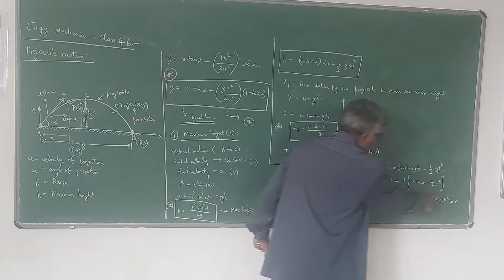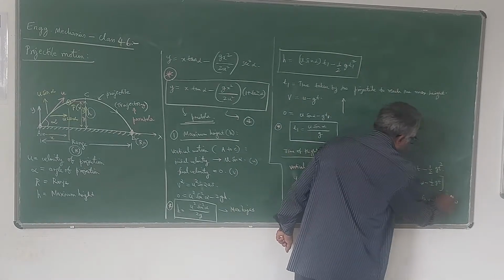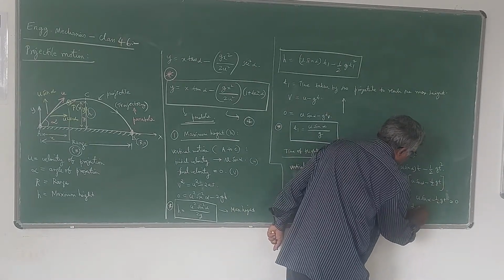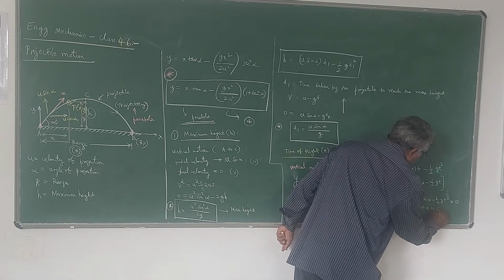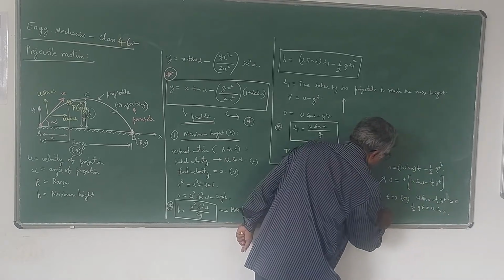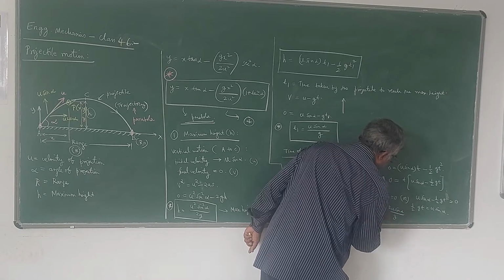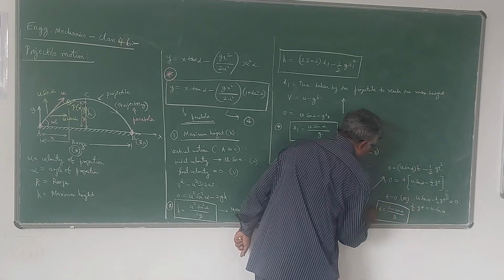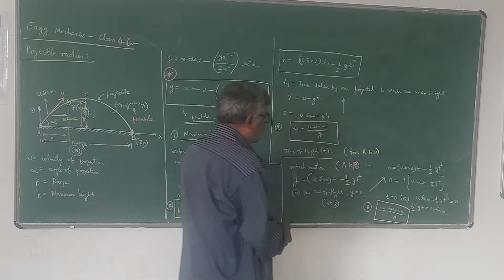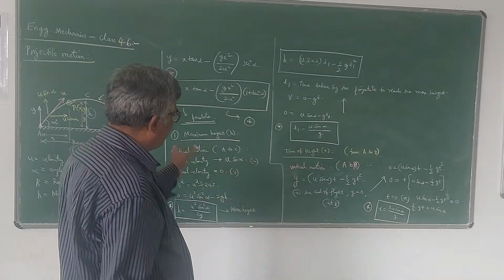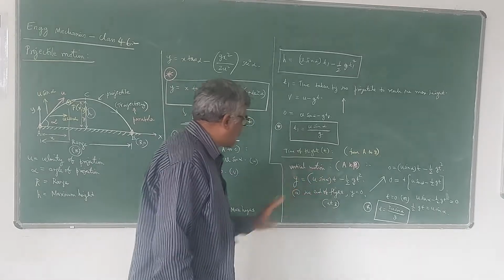Whereas if you simplify the other factor, half g t is equal to u sin alpha, or t is equal to 2u sin alpha by g. This equation you explicitly have to remember. So the total time of flight of the projectile is 2u sin alpha by g.